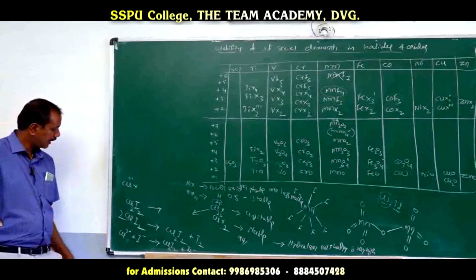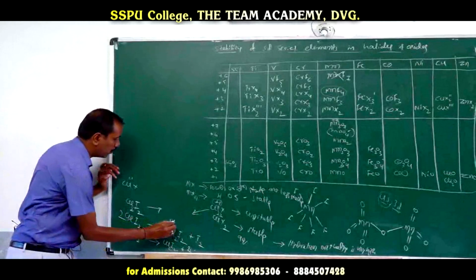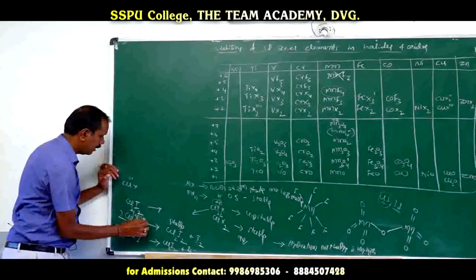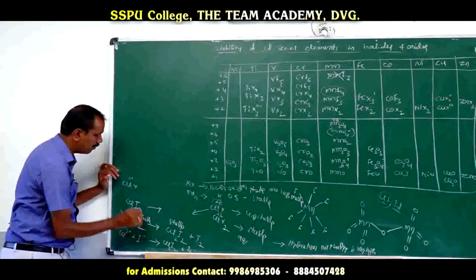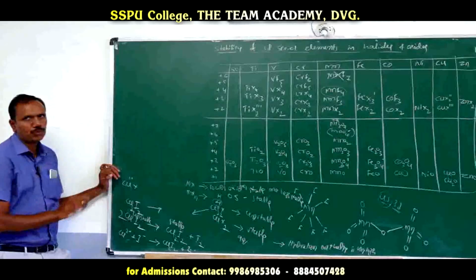So it can decompose into Cu2I2. This is the more stable compound, but this is the unstable compound, only in case of the iodide form. Okay? But not in the form of chlorides or fluorides.